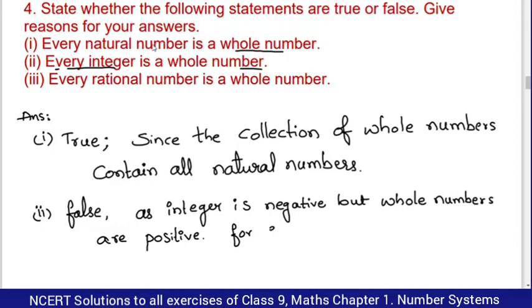For example, -5 is an integer, but it is not a whole number.